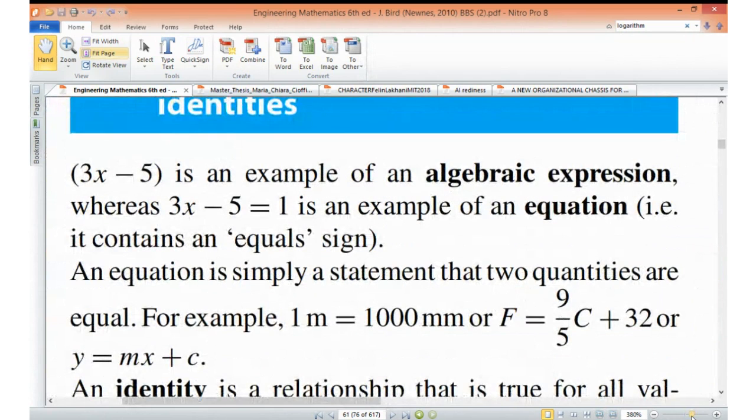So like the example given there, 3x minus 5 is equal to 1. That's an example of what an equation should look like.